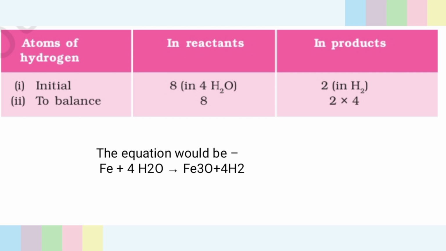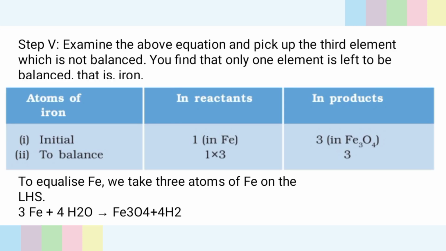Now we will balance the Fe. Examine the above equation and pick up the third element which is not balanced. You find that only one element is left to be balanced, that is iron. Initially we find one atom of iron on the reactant side, and on the product side we find 3 atoms.